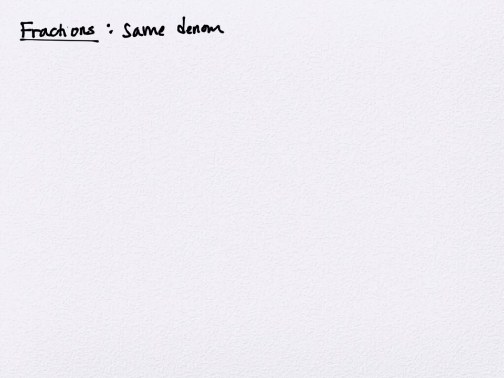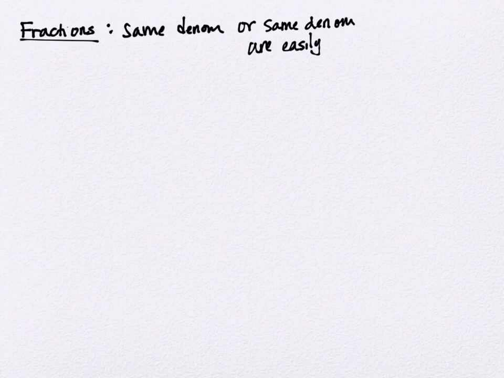And maybe not even always the same denominator, but denominators that are easy to change into one another, right? Or denominators that are easily found. So I think that's a pretty fair statement.